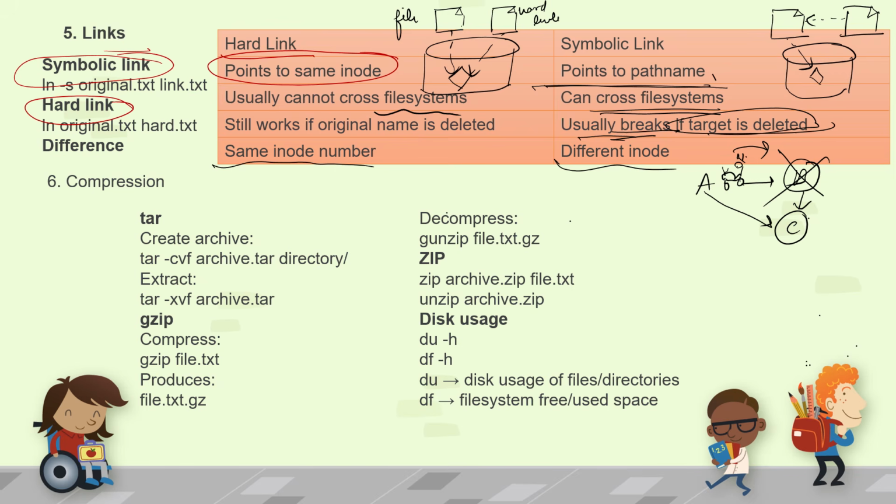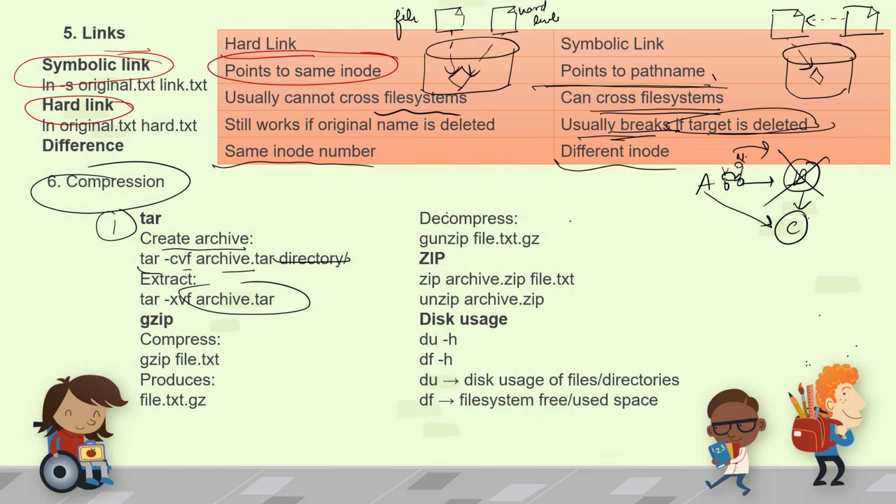Next, we move on to compression. In compression, first we have tar. To create an archive, we use tar -cvf archive.tar and the directory. To extract, we just write -xvf. Gzip is basically used to compress.